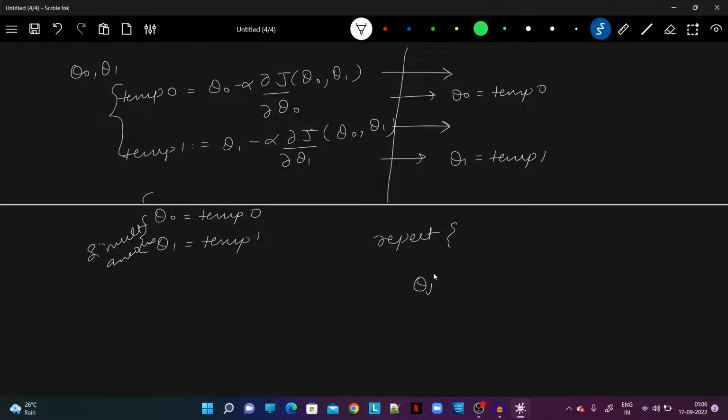Repeat theta j is equal to theta j minus alpha del by del theta j of J of theta naught comma theta 1. So this is the overall idea to it. Now how does this work? Let us see it graphically.